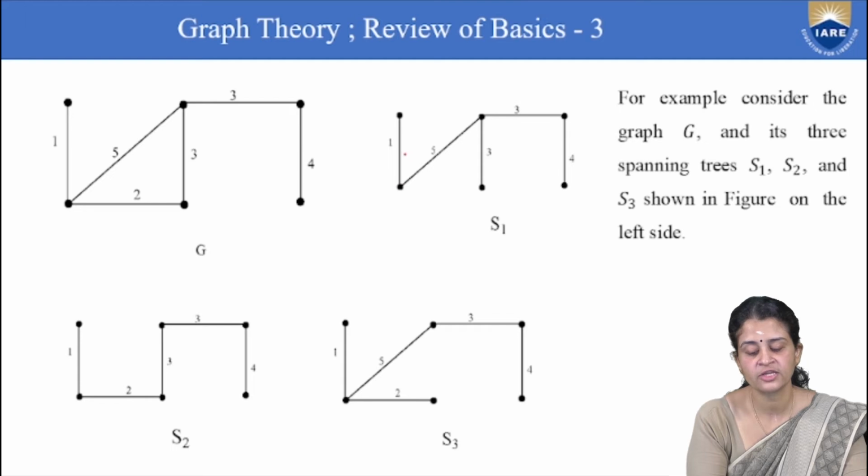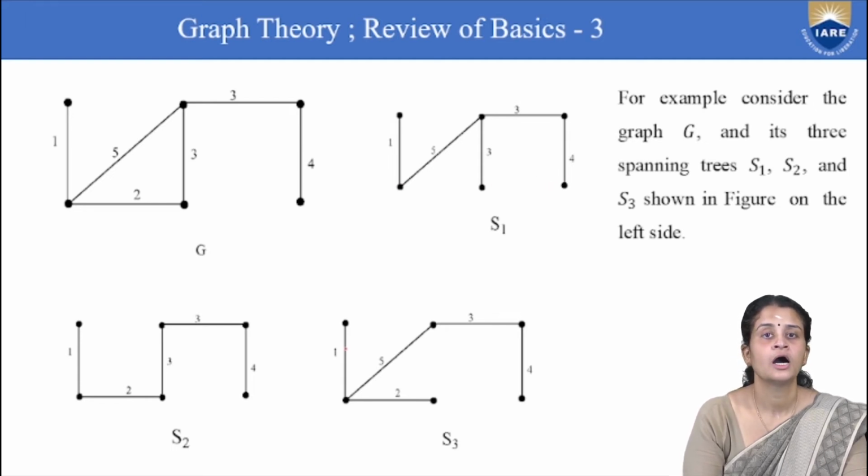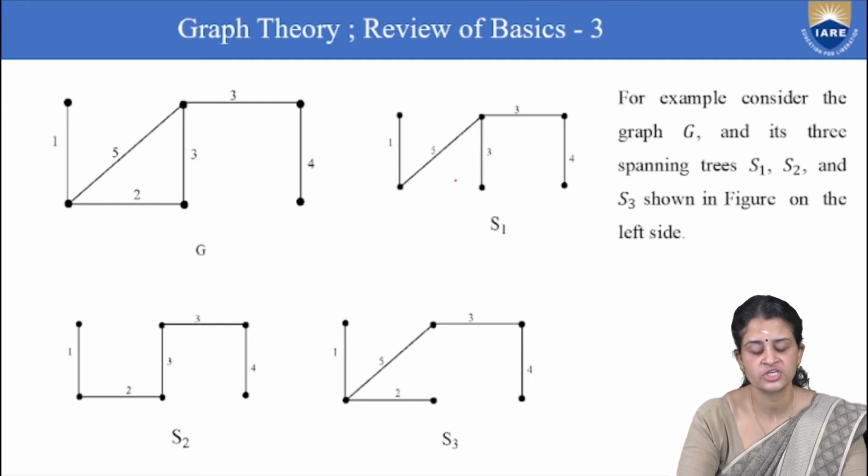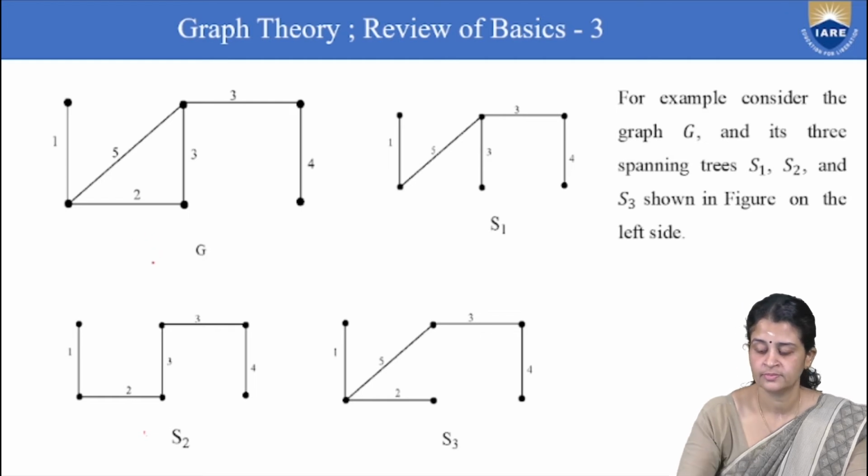Now find the weight of these spanning trees, S1, S2 and S3. How much is the weight of each spanning tree? It is 16, here it is 13, here it is 15. So which one has the least weight? It is this one. So it is called the minimal spanning tree of the given graph G.